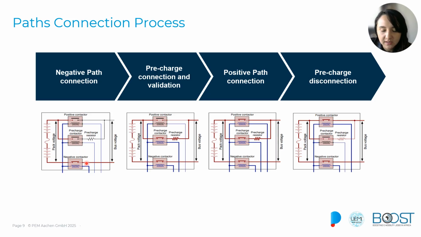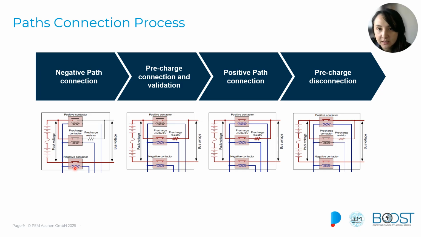In this case, as you can see, our BMS is handling a contactor in the ground, in the negative terminal of the battery, and it is also handling a contactor in the positive terminal of the battery plus the pre-charge contactor. Those are the three that we will be using to control the flow of energy.